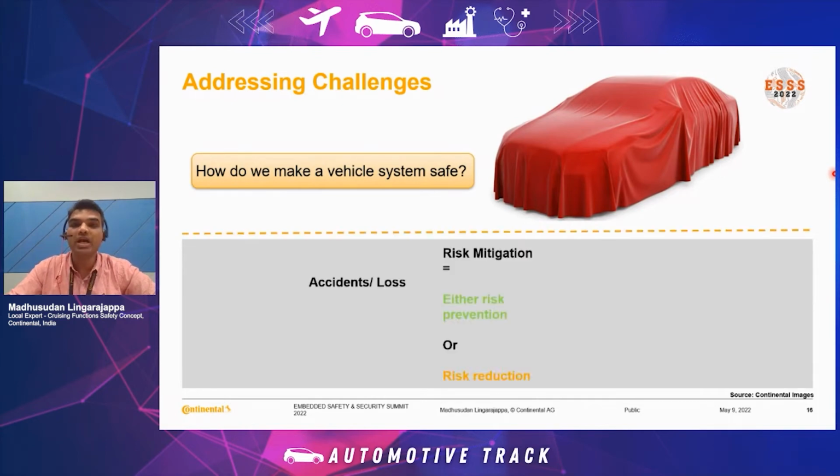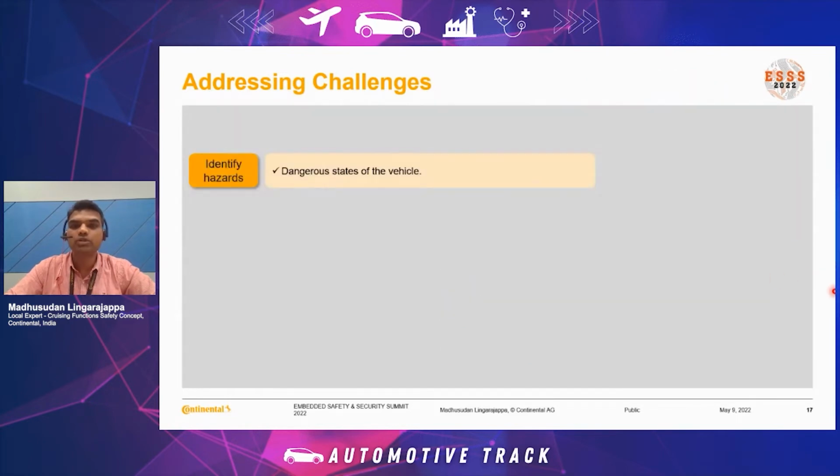We have to perform the analysis at the vehicle system level. Then we have to identify the accidents or losses. Then we have to come up with the mitigation strategies, which are risk prevention or reduction strategies. While we perform the analysis, the input for us is the specification. With this specification as an input, we have to start the analysis and identify the hazards at the vehicle system level.